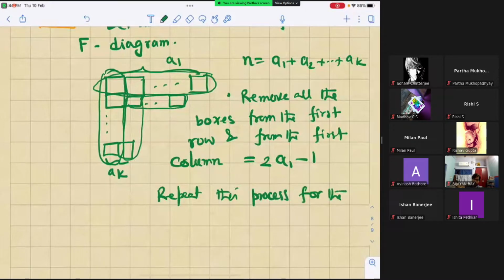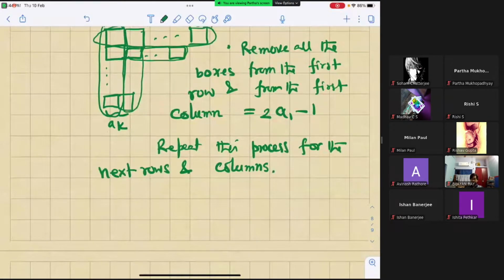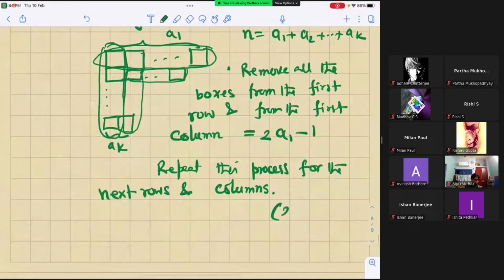for the next rows and columns. Good. So next time when you do this process, what you get is 2a3 minus 5. Sorry, 2a2 minus 3.